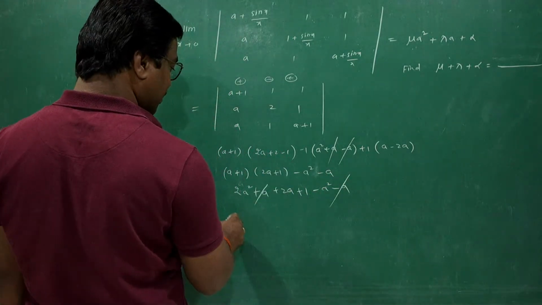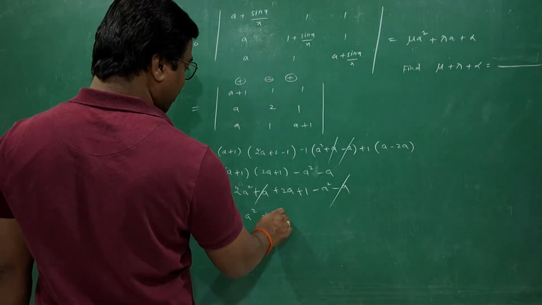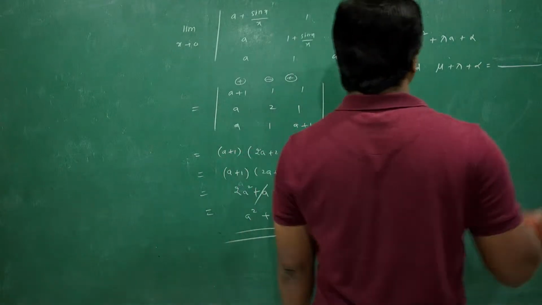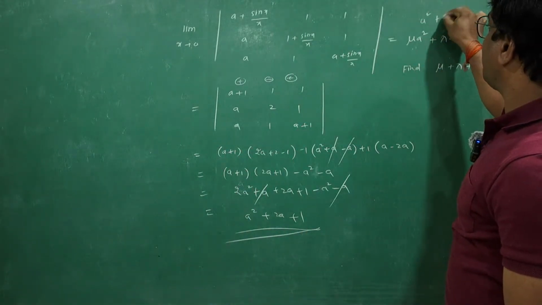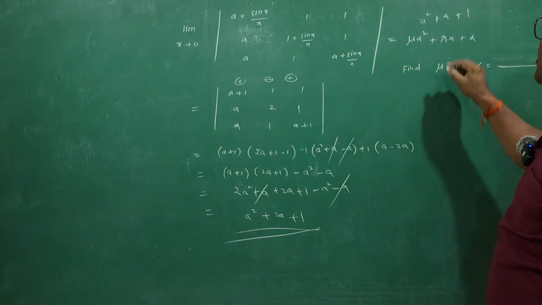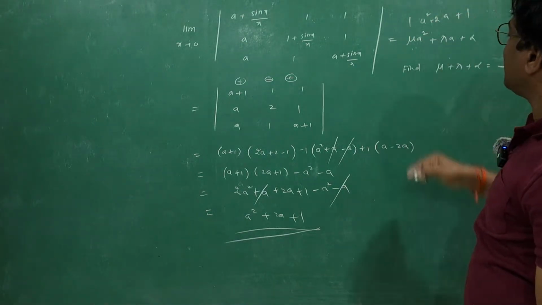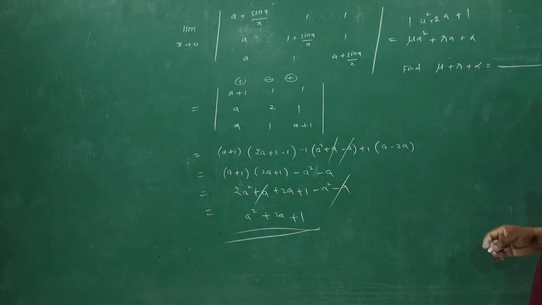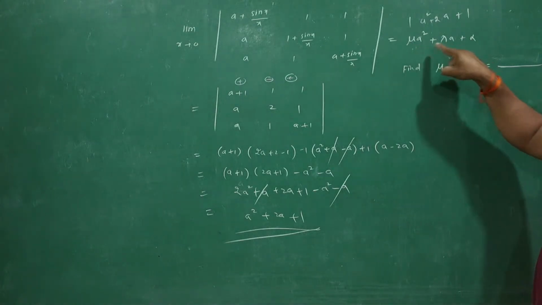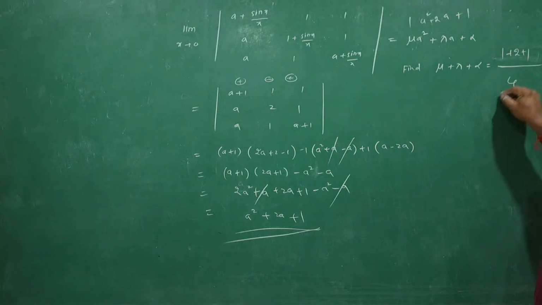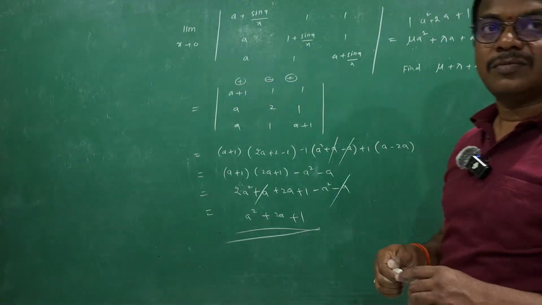Plus a cancels, giving a square plus 2a plus 1. Comparing with mu a square plus lambda a plus alpha, this is 2a, right? 1 a square, 2a, plus 1. Mu, lambda, alpha: 1 plus 2 plus 1 gives the result 4. Answer 4.